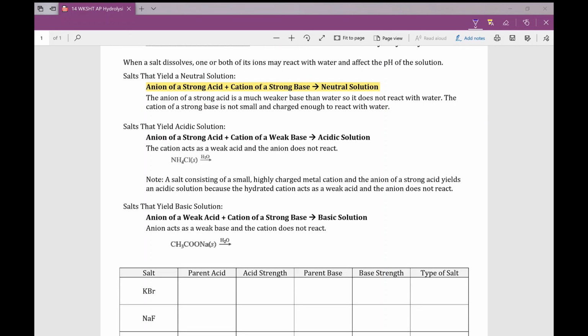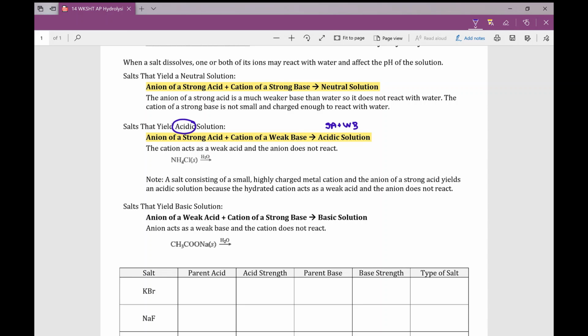Now, that's not always the case though. We do have salts that will yield an acidic solution. This occurs when we have the anion of a strong acid and the cation of a weak base. As a shortcut, how I initially teach this to honors is you think, those ions come from a strong acid and a weak base, so the strong acid wins out and you get an acidic solution.